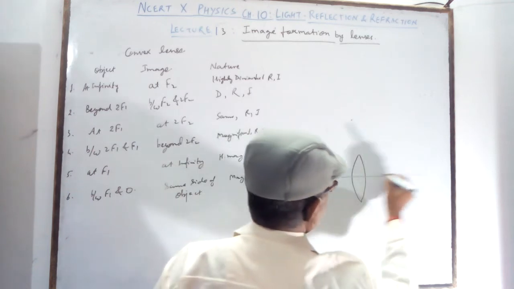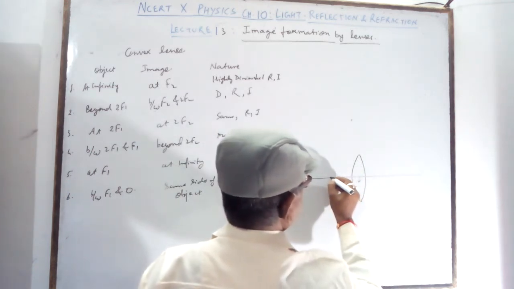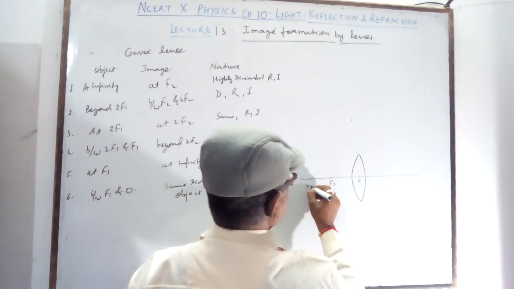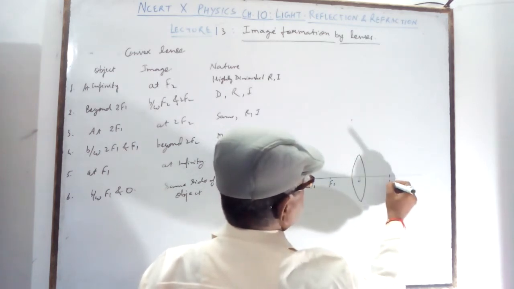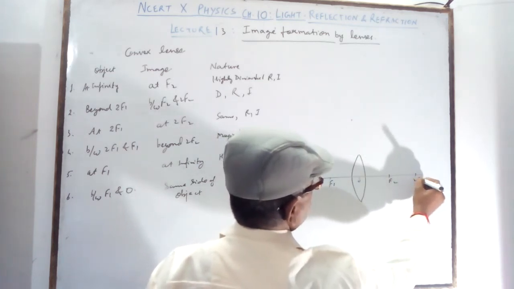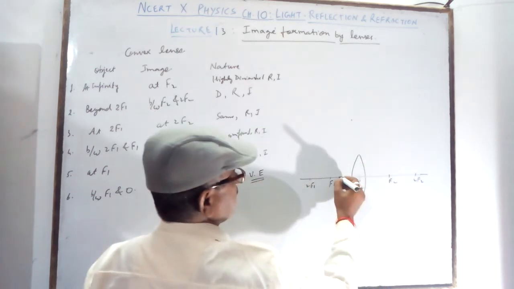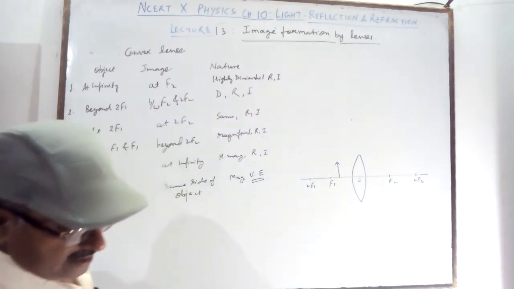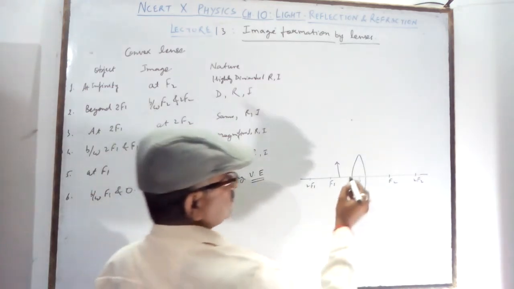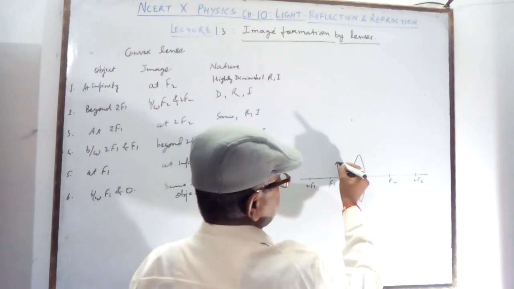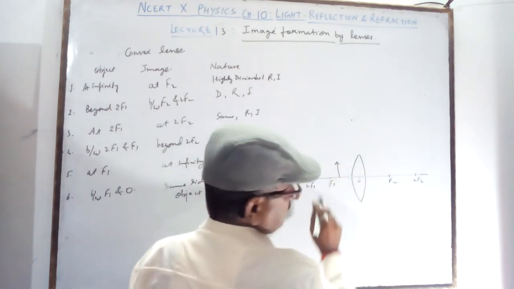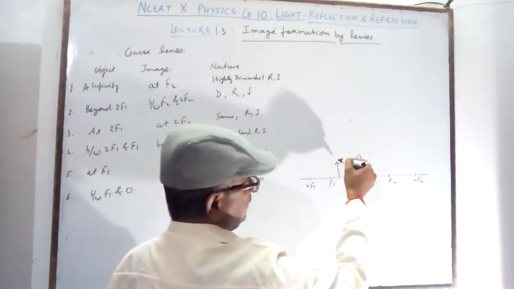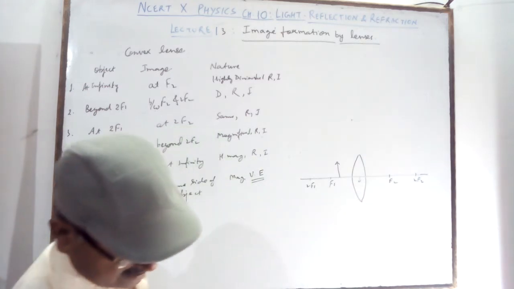Here is the optical center, here is f1, here is 2f1, here is f2, here is 2f2. So virtual and erect, this you are getting. There are two rays. One passes through the focus.